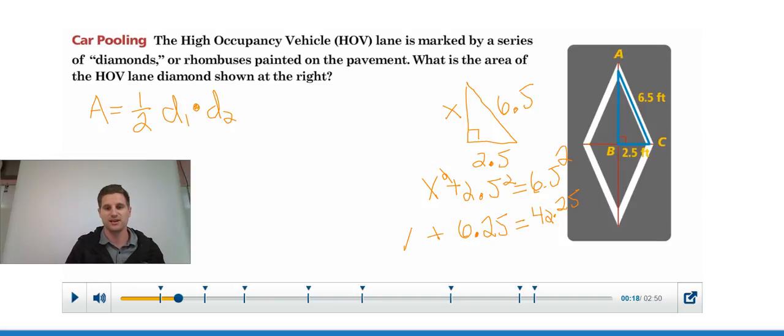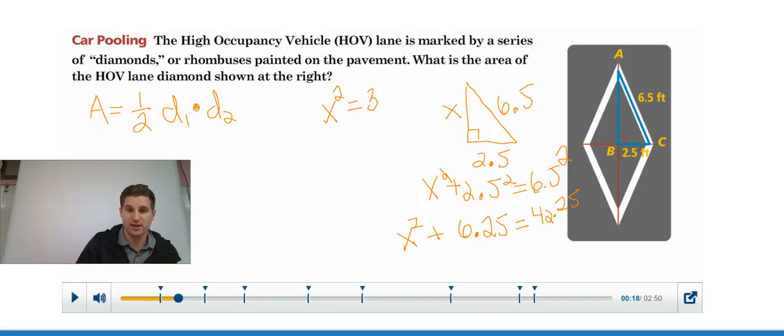And that's plus x squared. Subtract it, and we're going to get x squared equals 36, and so x will equal 6. So we get 6 as our length right here.